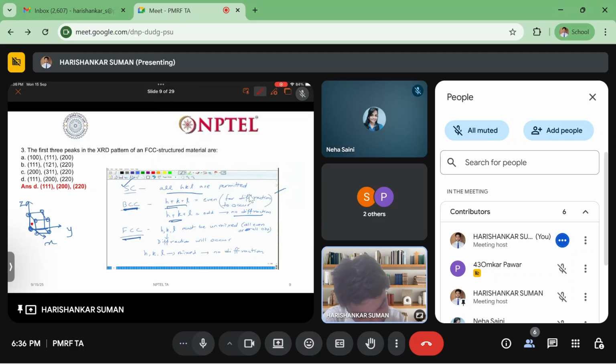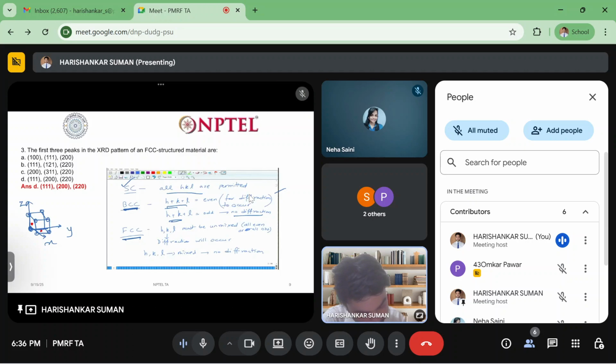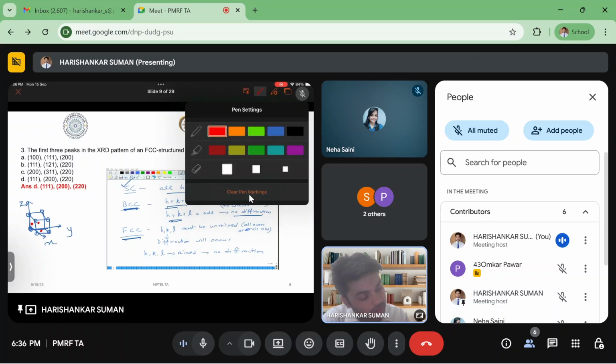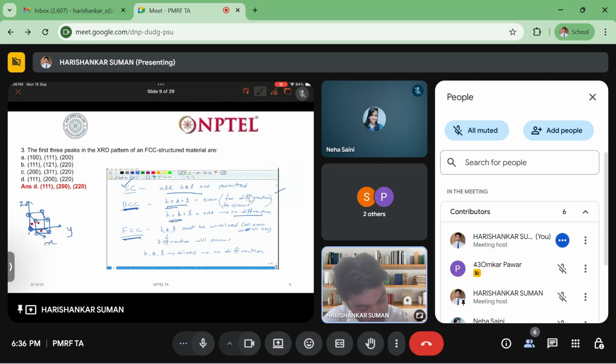Let me choose only three faces at the center, and now let's say this face, and edge sharing, so 3 of them.